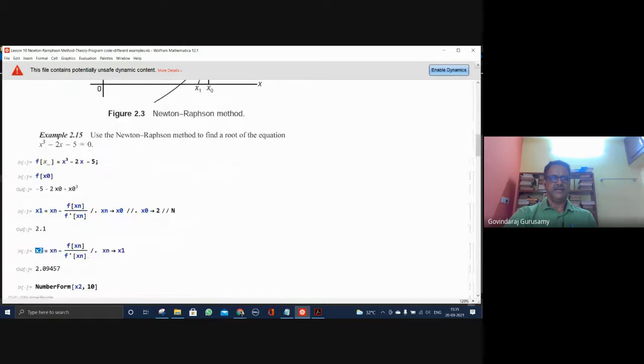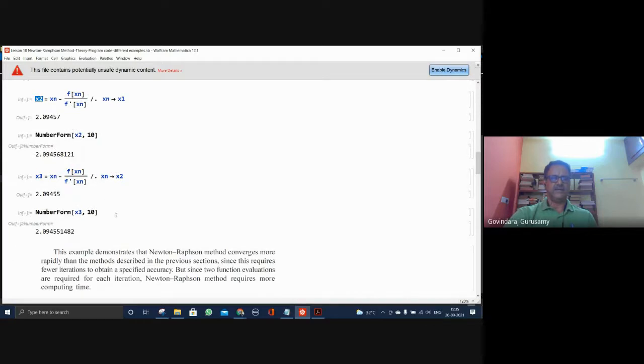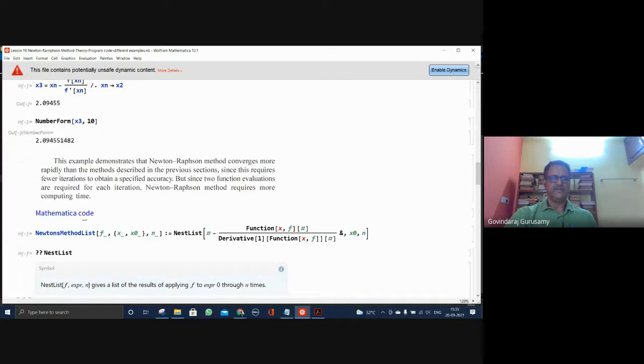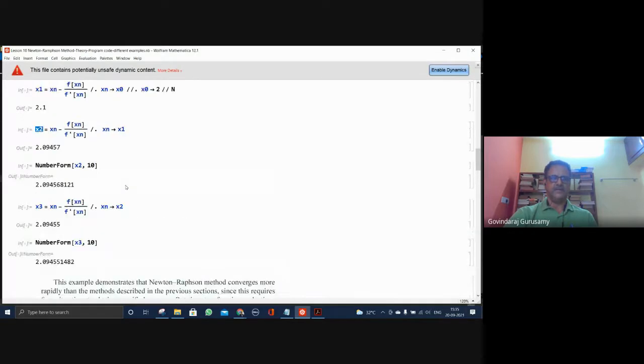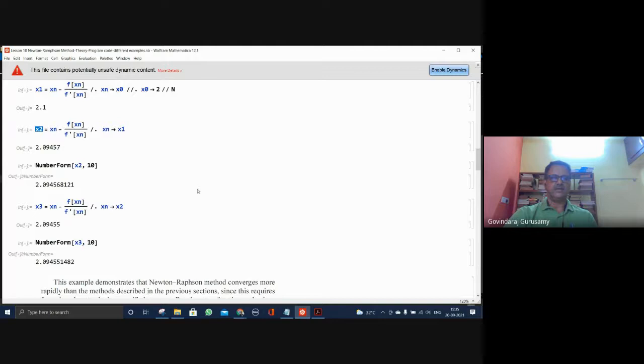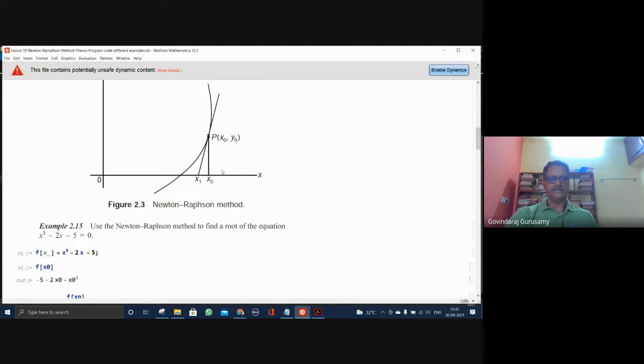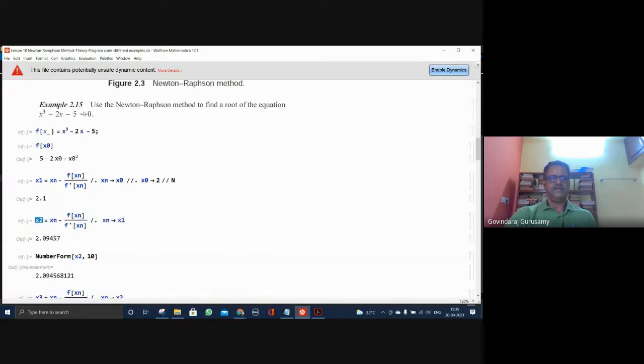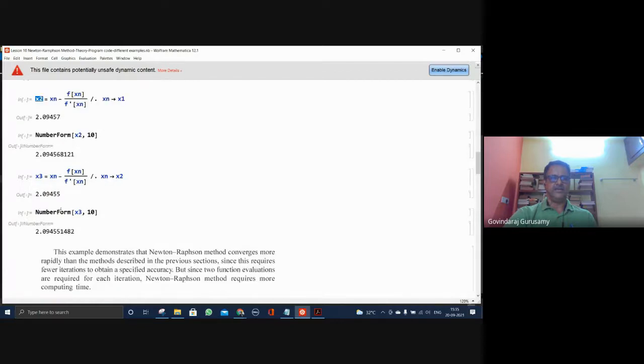Whereas when you try the previous problems, the number of iterations is 10, 12, 15, depending on the accuracy. But here, within 2 to 3 steps, you find that the root you need is already here with 3 to 4 decimals of accuracy. So now the number of iterations drastically gets reduced by this Newton-Raphson method. So that's why I have taken the same problem and shown 3 iterations.